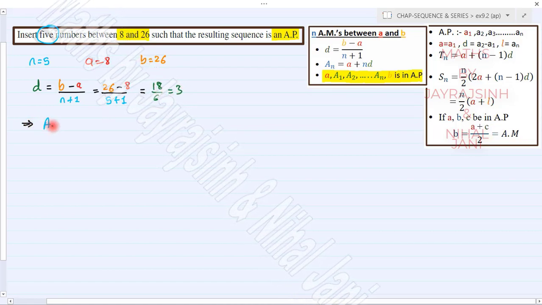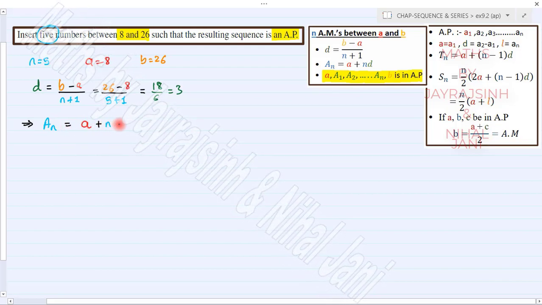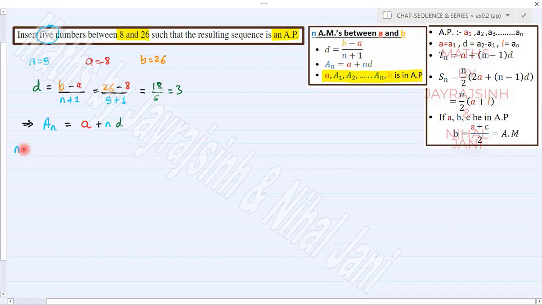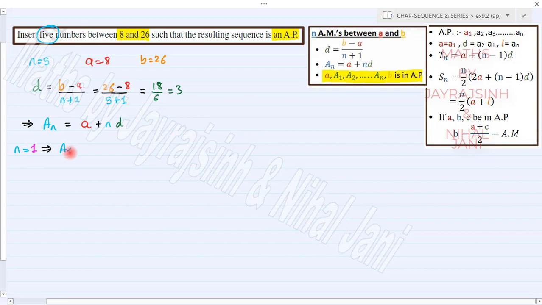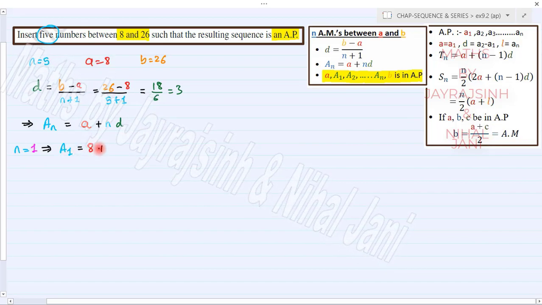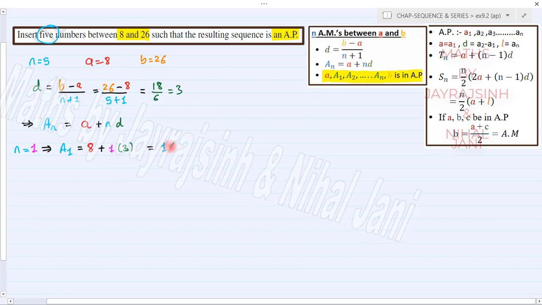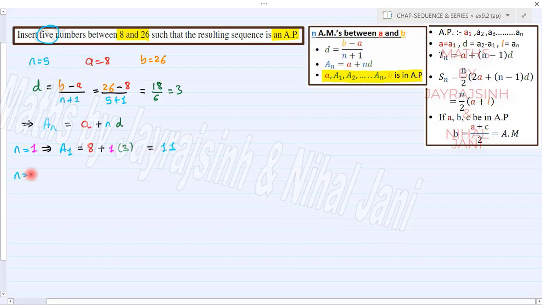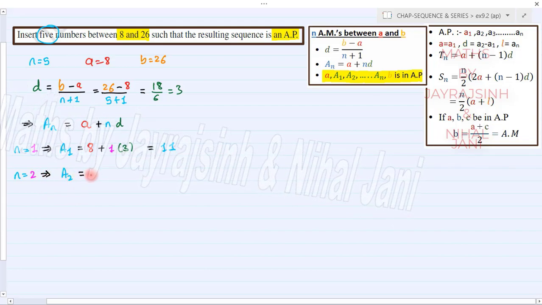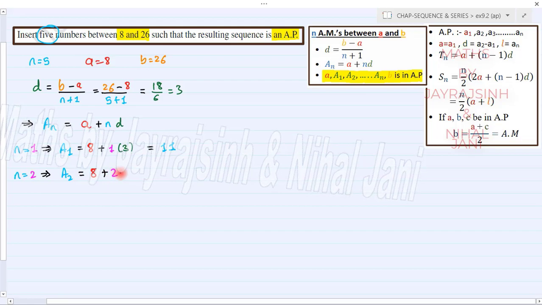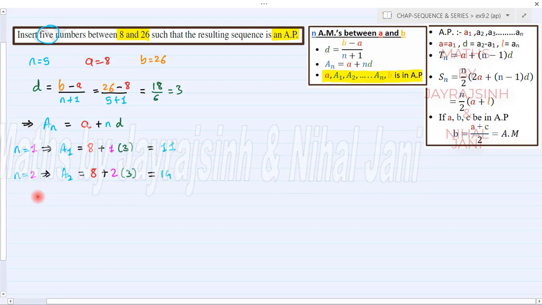Now your nth arithmetic mean is given by a plus nd. So we can say for n equal to 1, we will get a1 is equal to a plus 1d, which is 3. So we'll get 11. Then for n equal to 2, we will get a2, which is equal to 8 plus 2 times d, which will give us 14.